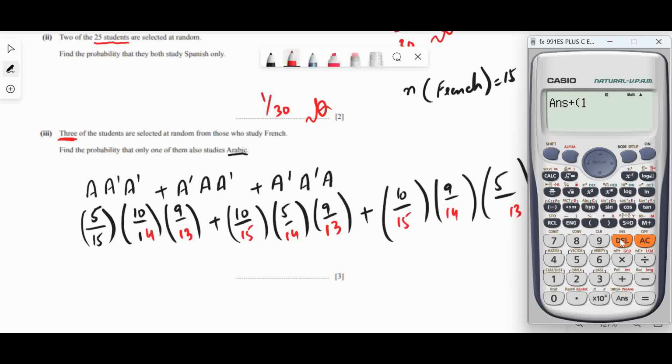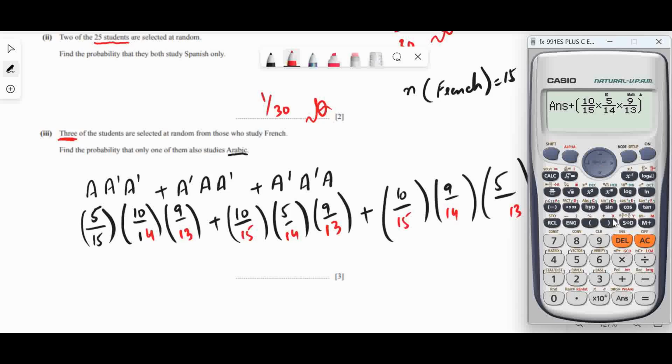This will be 10/15 multiplied by 5/14 multiplied by 9/13.